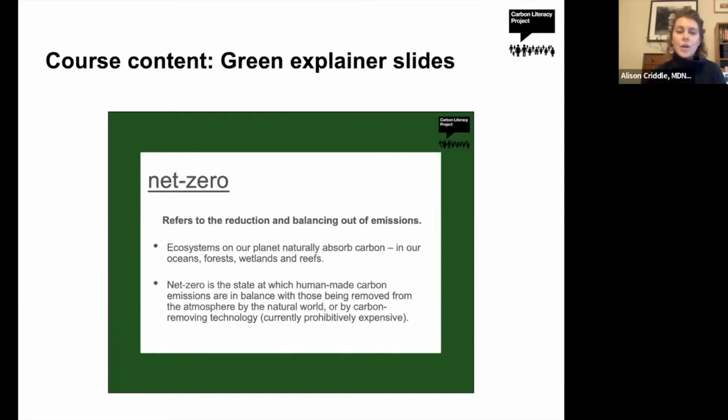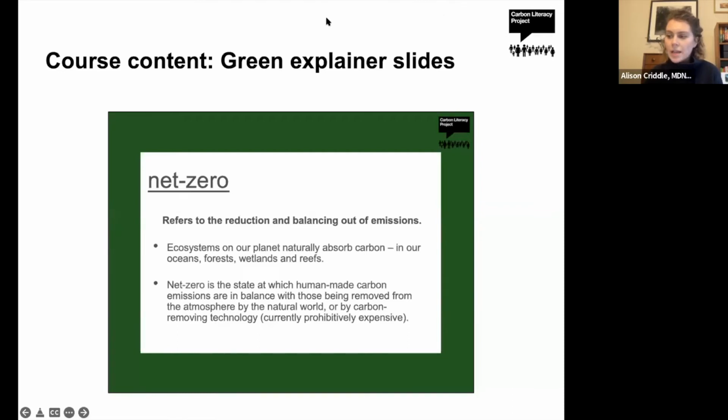Thanks, Jack. So yeah, we're going to explore a few of the different slides and types of activities and what you might expect to find within the toolkit if you're picking it up. So throughout the training, we've woven in these green explainer slides. These are definitions that feature throughout the course and act as handy go-to devices to help unpick some of those key phrases that we use throughout the training.